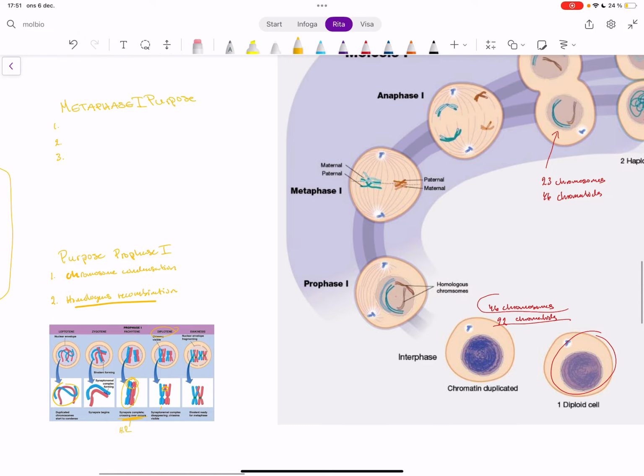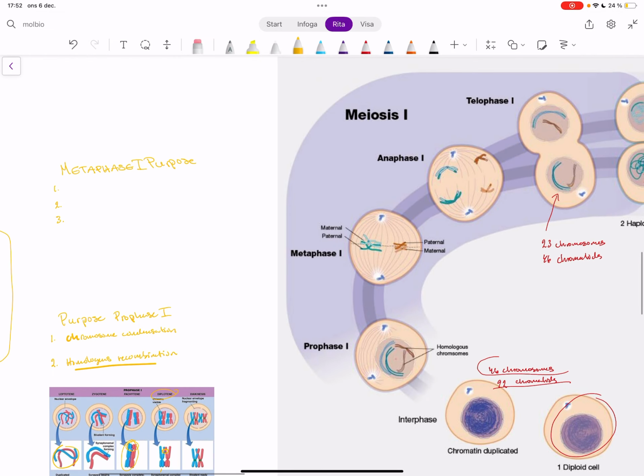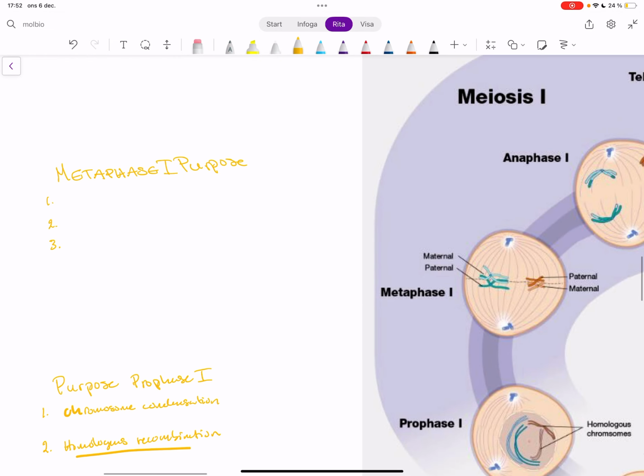Okay, so the next stage is metaphase 1. And what are the purposes of metaphase 1? Well, there are 3. The nuclear membrane disappears. That's the first thing. Secondly, the spindle forms.